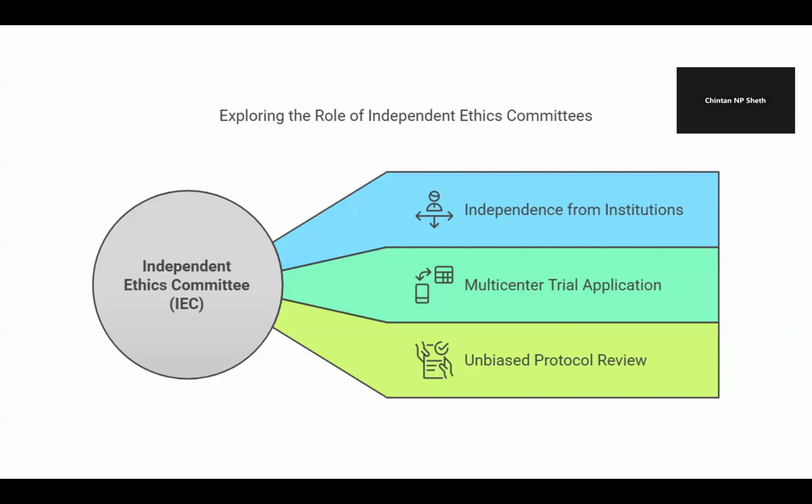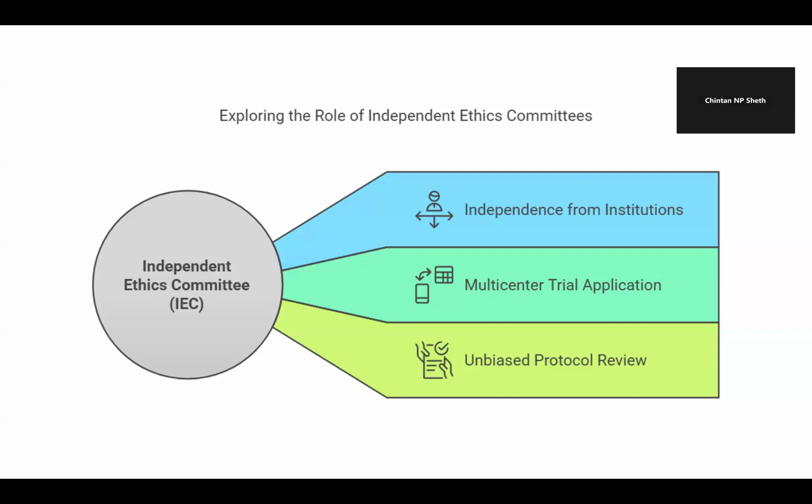It is recommended that the IRB or IEC should have at least 5 members, at least one whose primary area of interest is not in the medical sciences, and at least one member who is independent of the institution or investigation site.